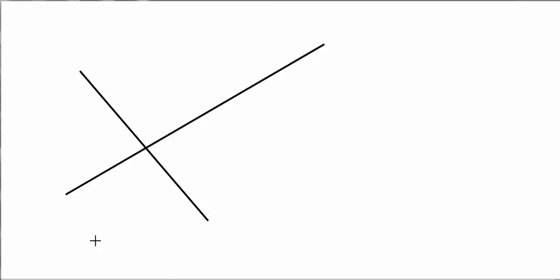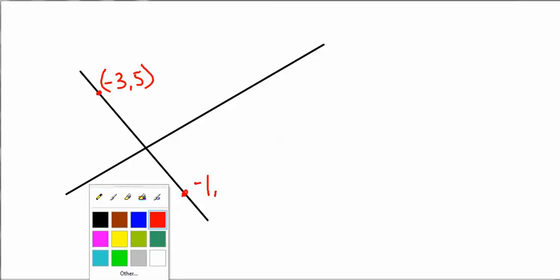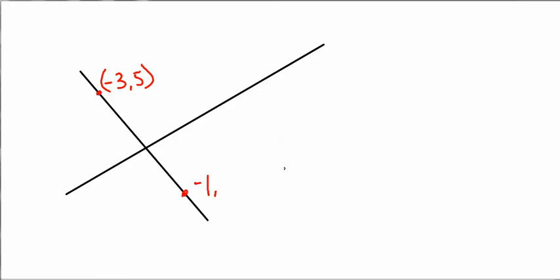So if you're given that as a picture, and you're asked if they're perpendicular, what would the process be? How could you find out if those two lines are perpendicular? Find the slope. Very good. You would find the slope of each line. So there's line 1. This is line 2.